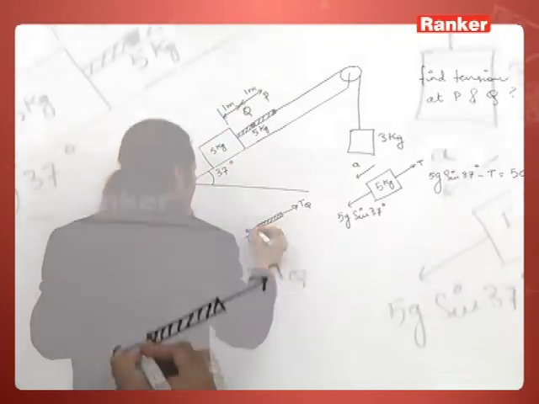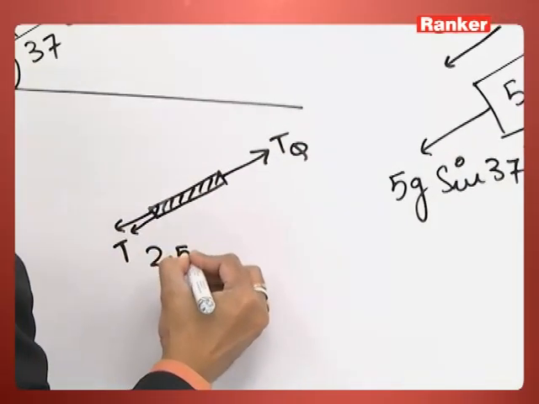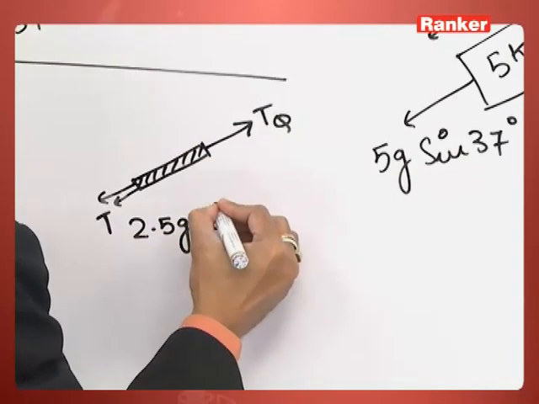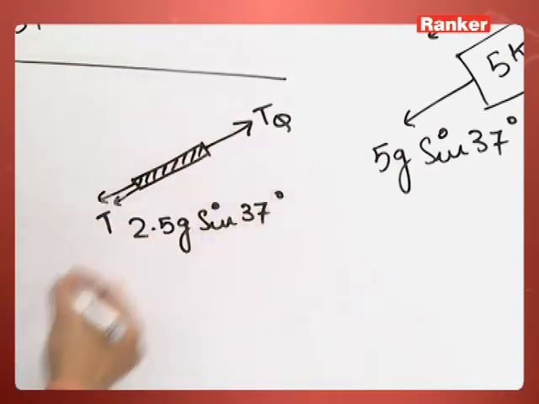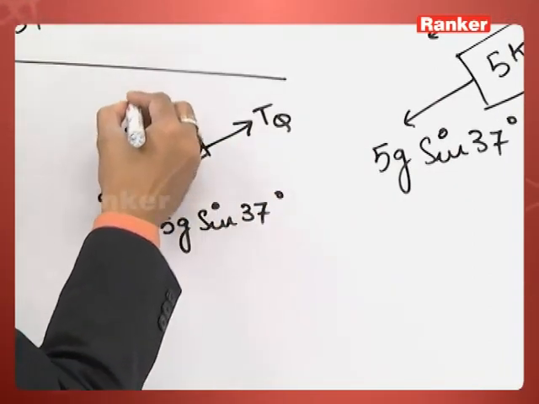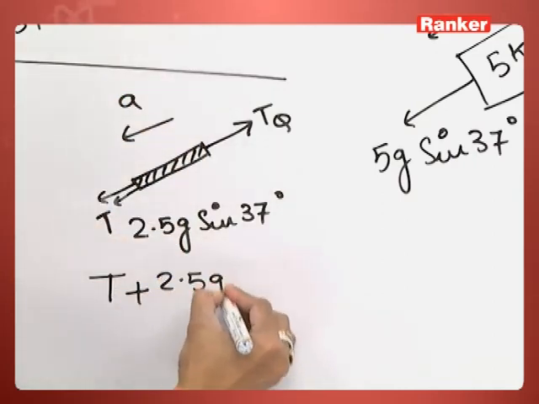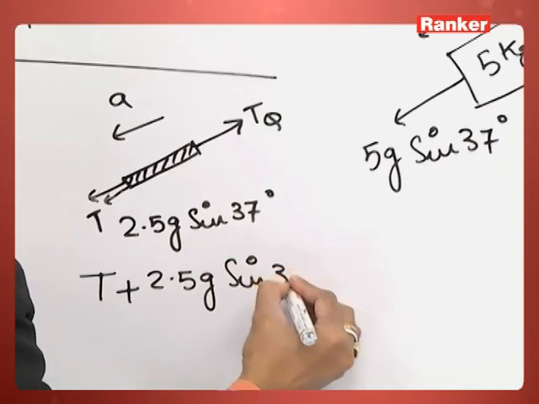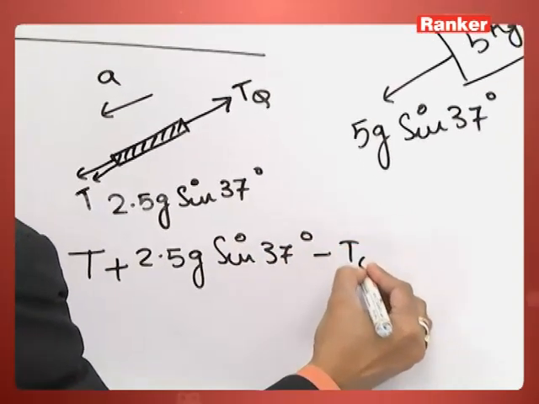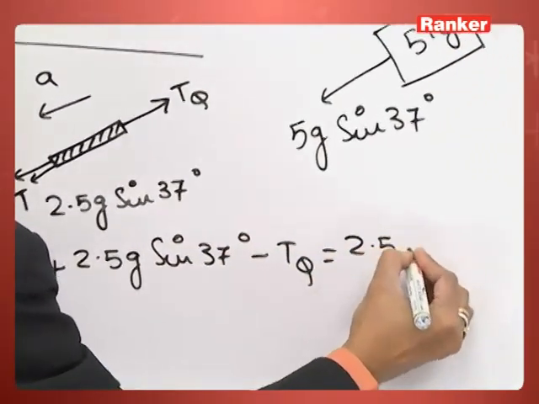So here it is 2.5g sin 37. I write the equation: T plus 2.5g sin 37 minus TQ is equal to 2.5a.